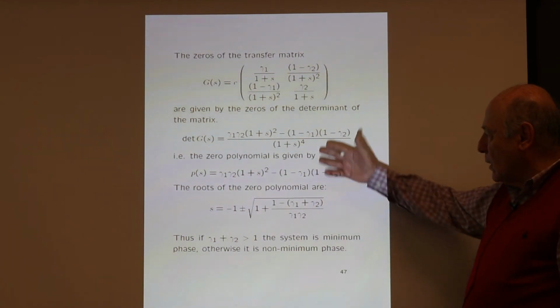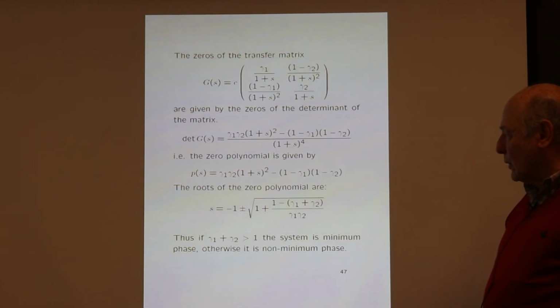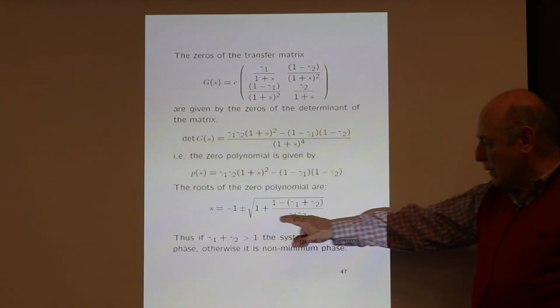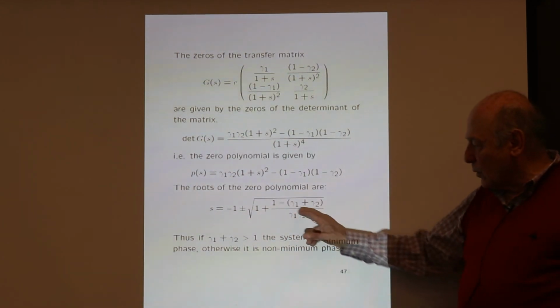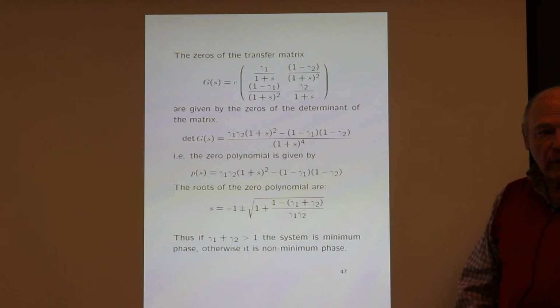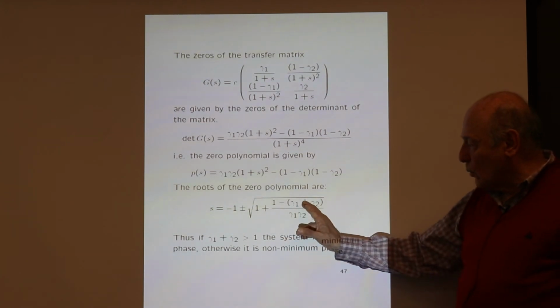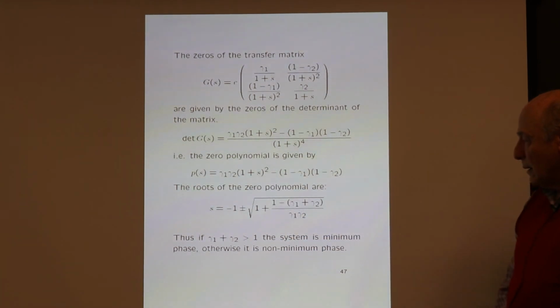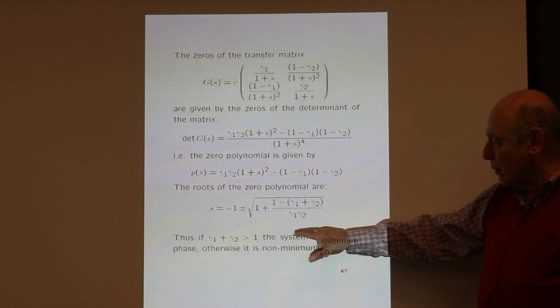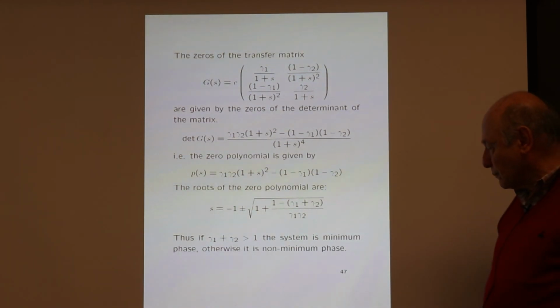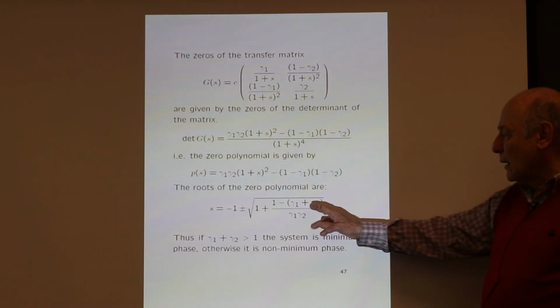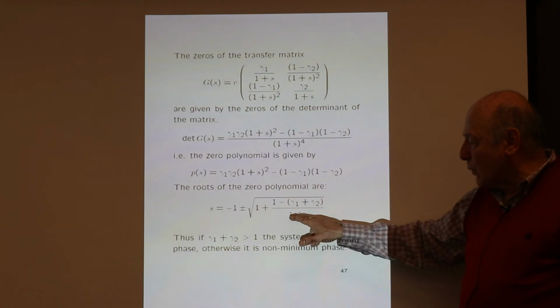polynomial in s. When you solve for the roots, you get some kind of complex behavior of the roots depending on these distribution factors gamma 1 and gamma 2. And you can see that if gamma 1 and gamma 2 exceed 1, then this term is negative, and the system subtracts from 1.